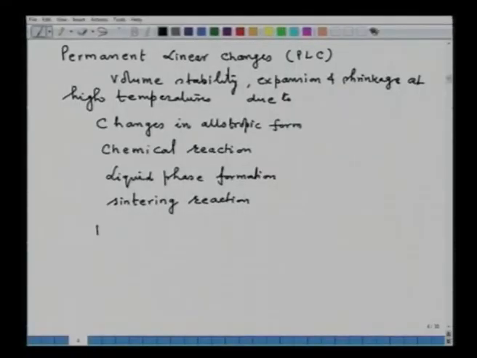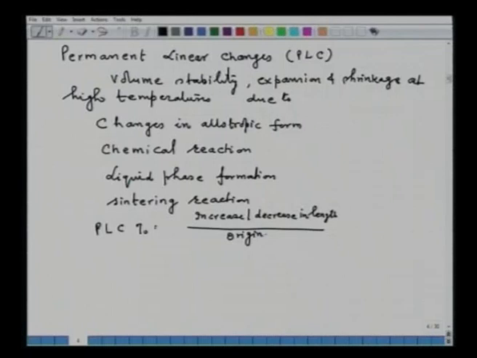Now, this permanent linear change in percent can be determined by determining the increase or decrease in length and dividing by the original length into 100, that will be the percent linear change.